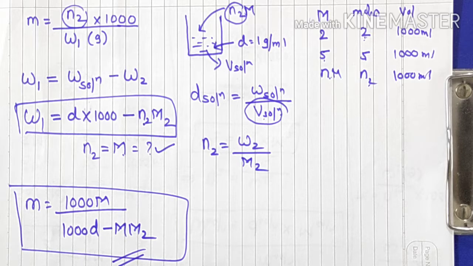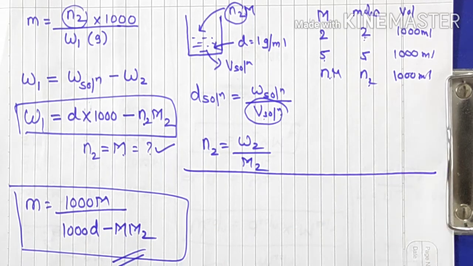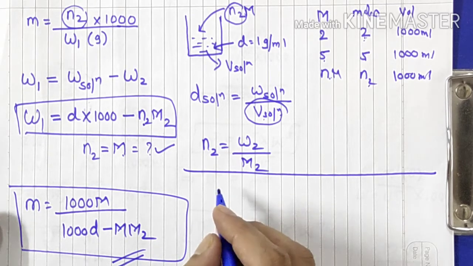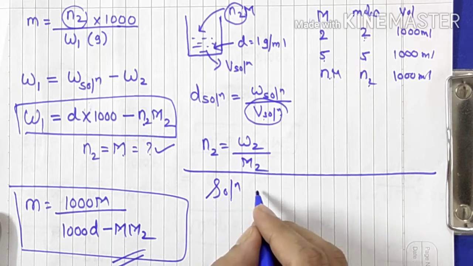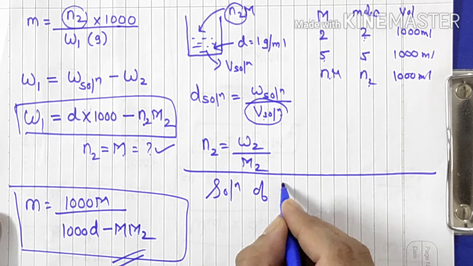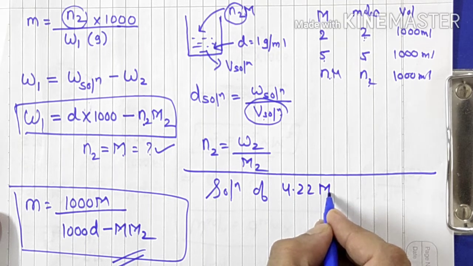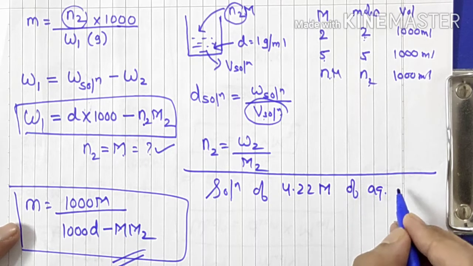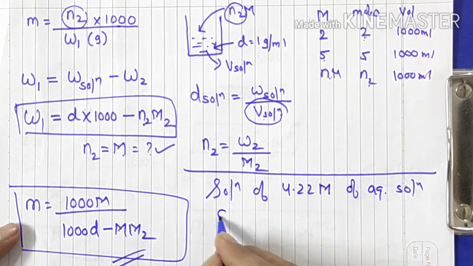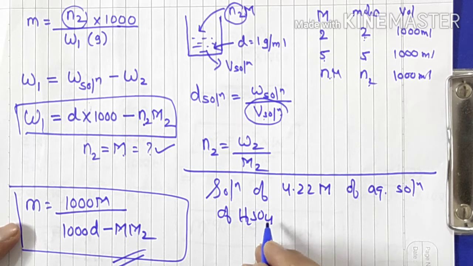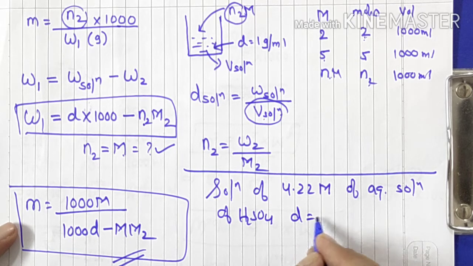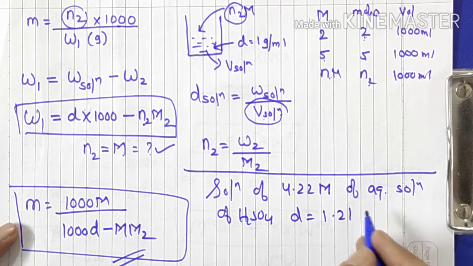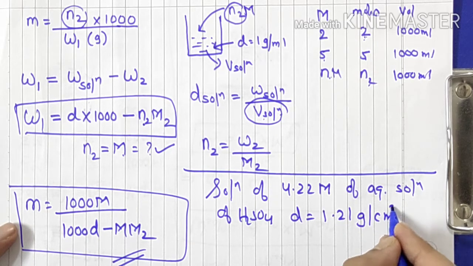Right? Now, I write here one question. Now, the question is: a solution of 4.22 molar aqueous solution of sulfuric acid, H2SO4, having density of solution that is 1.21 gram per cm cube.